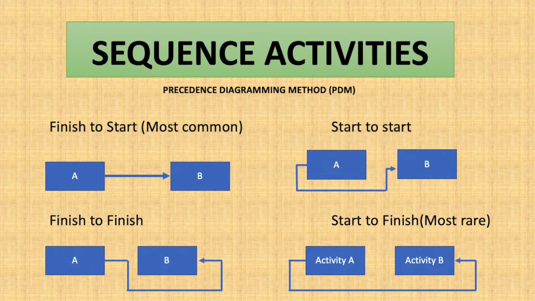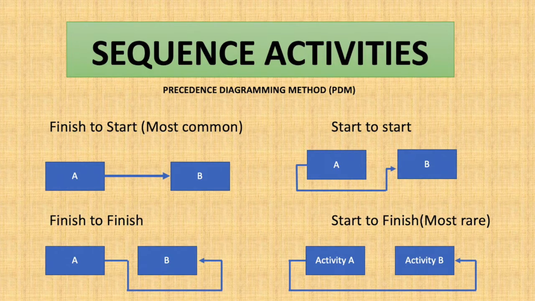As an example, say you need to install a TV at your home. You have two activities: activity A, you need to procure it; activity B, you need to install it. You cannot install it until you have procured it. So this type of relationship is called finish to start. This is most commonly used in precedence diagramming method.